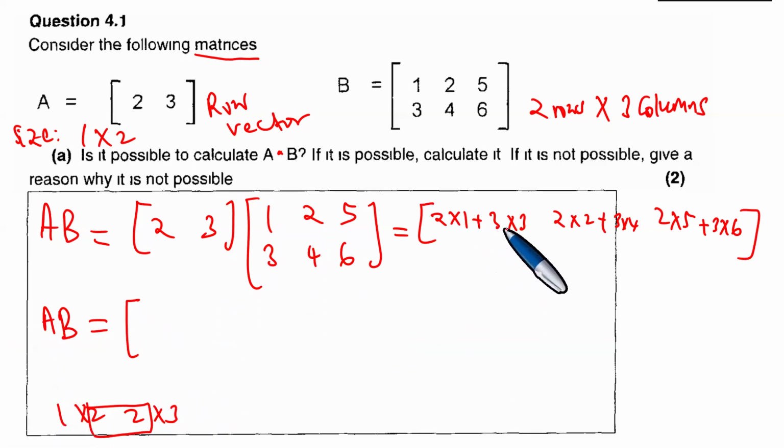So you have 9 plus 2, which is exactly 11. 12 plus 4, which is 16. 2 times 5, it's 10 plus 18, which is 28.